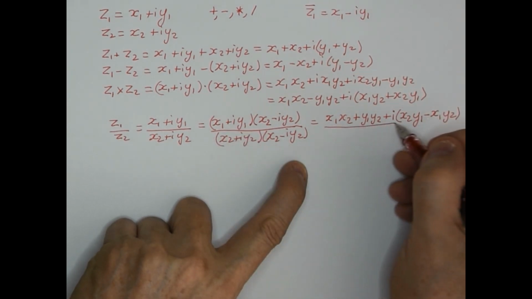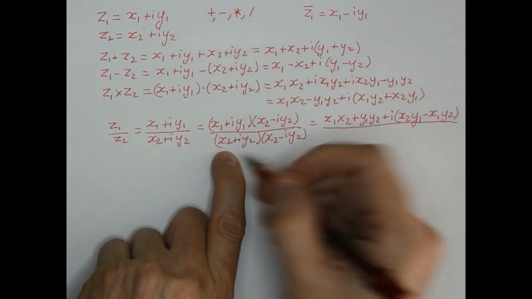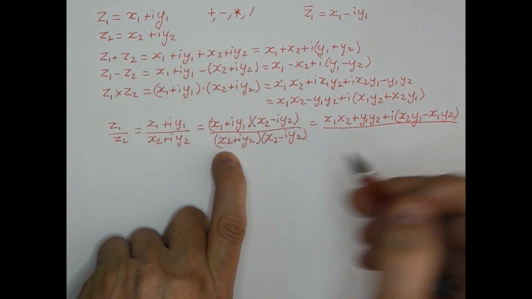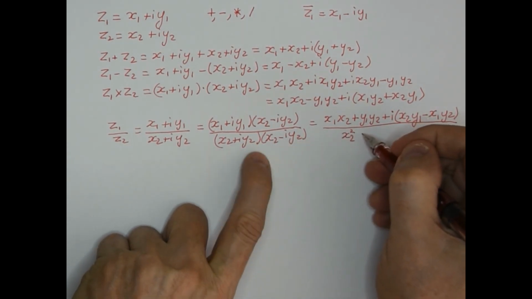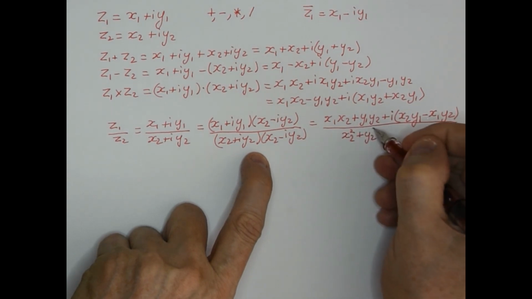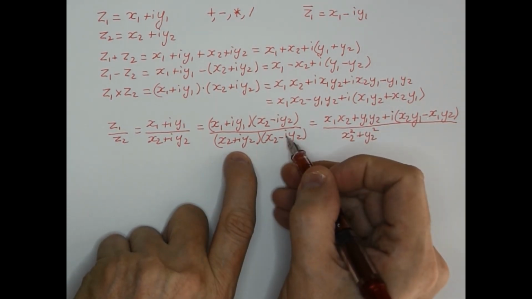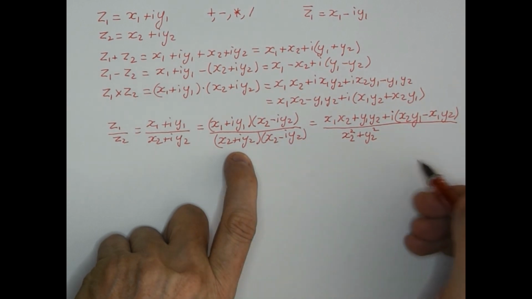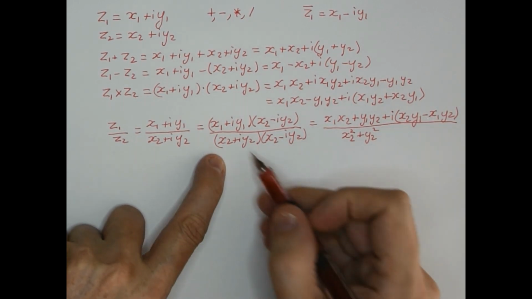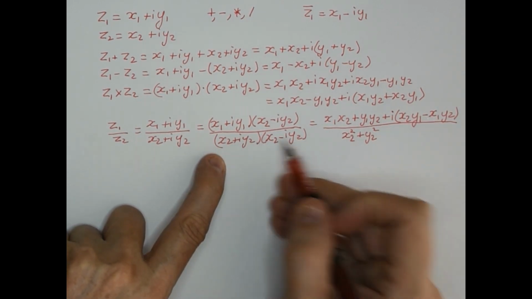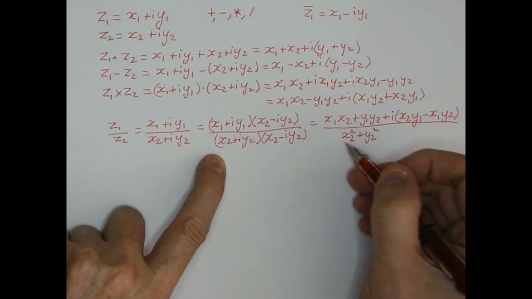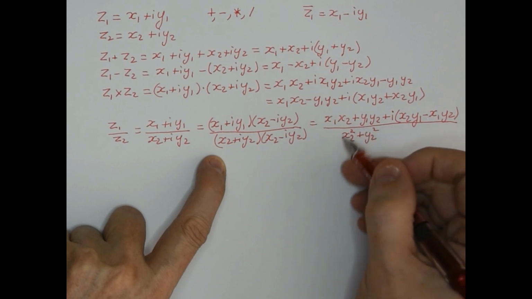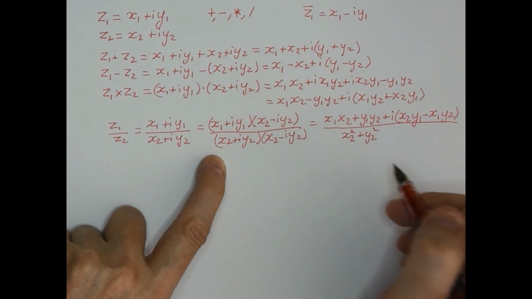And we divide that by the complex conjugate multiplied by the original, which gives us x2 squared plus y2 squared. I squared is minus 1, times minus is plus, y2 squared, plus i y2 x2 minus i y2 x2, so that disappears. So you see that a real number turns up in the denominator.